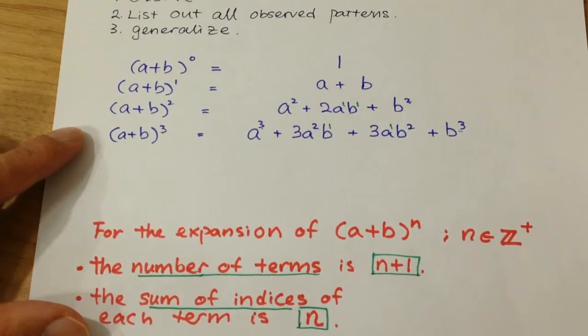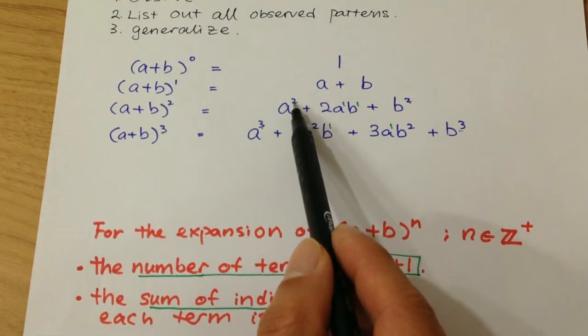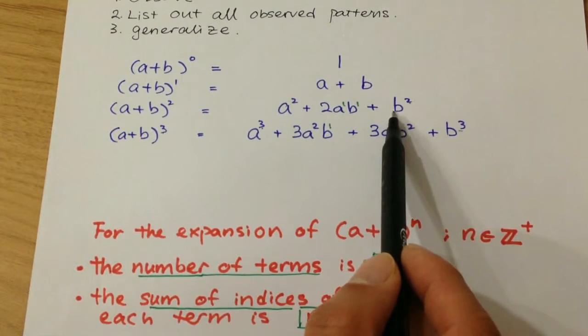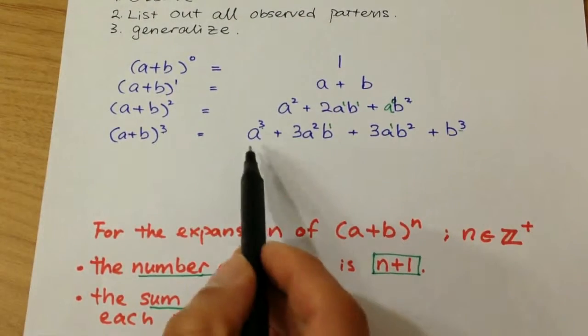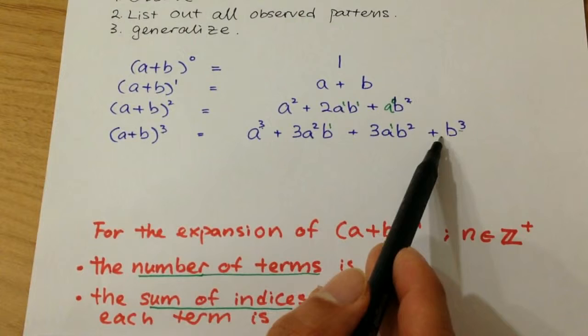You should be able to recognize that the a to the power of 2, next is a to the power of 1. Here there's no a, or you can think of it as a to the power of 0. And here, the same: a to the power of 3, a to the power of 2, a to the power of 1, a to the power of 0.